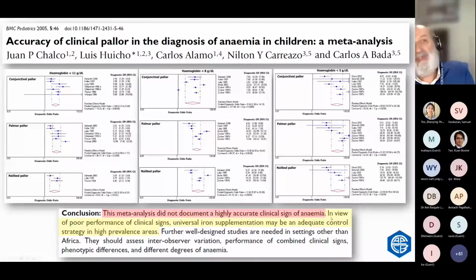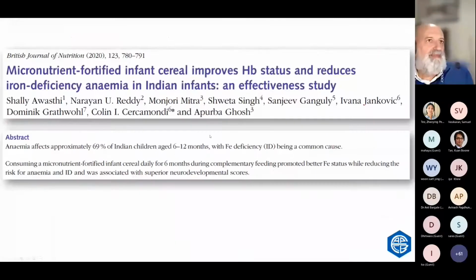And their solution, rather than testing all children, is, in view of the poor performance of clinical signs, universal iron supplementation may be an adequate control strategy in high prevalence areas. Children are a really concerning issue. And this is one of the reasons, because anemia can affect up to 69% of Indian children, and really the only way to avoid that is to have nutrient fortified cereal after 6 months.